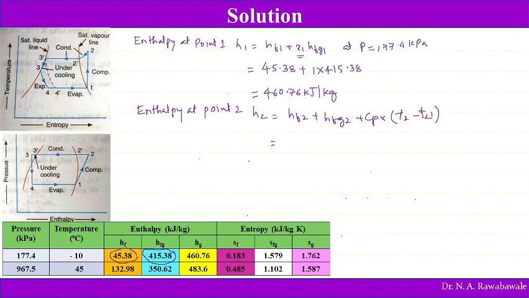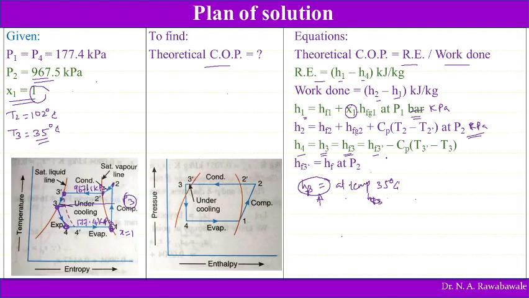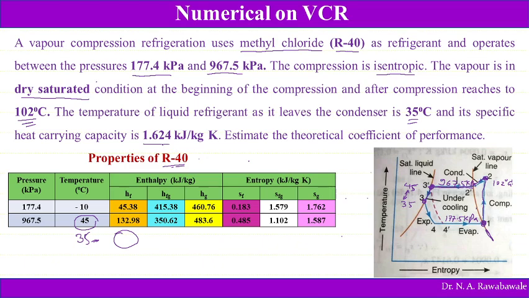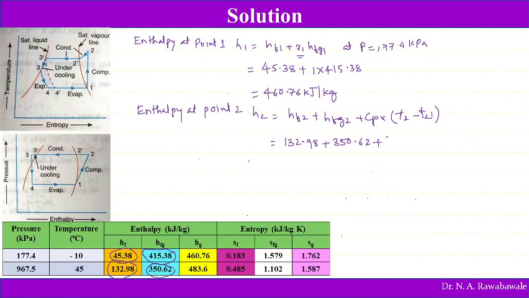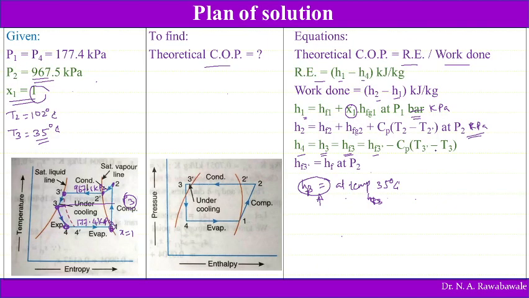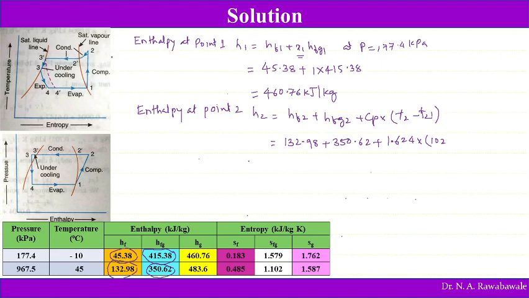HF2 is 132.98, plus HFG2, which is 350.62, plus Cp, the specific heat given in this problem, 1.624, into T2, the temperature at point 2, which is 102 degrees Celsius as given, and T2 dash, the temperature at point 2 dash, taken from the property table, 45 degrees Celsius.